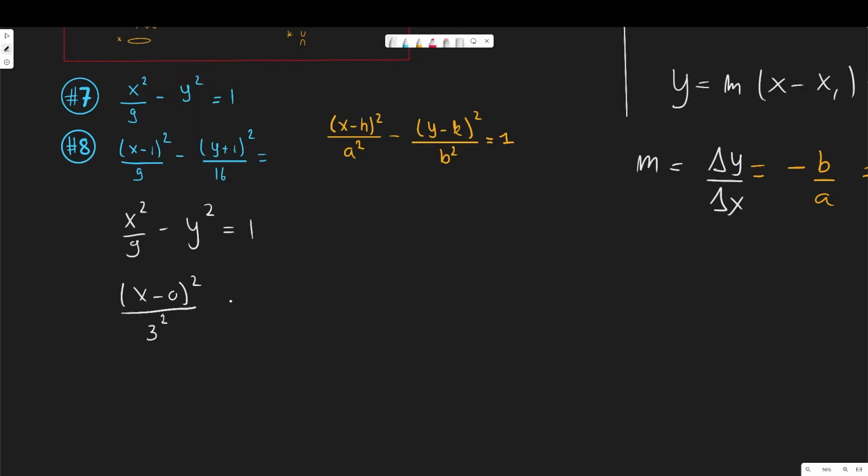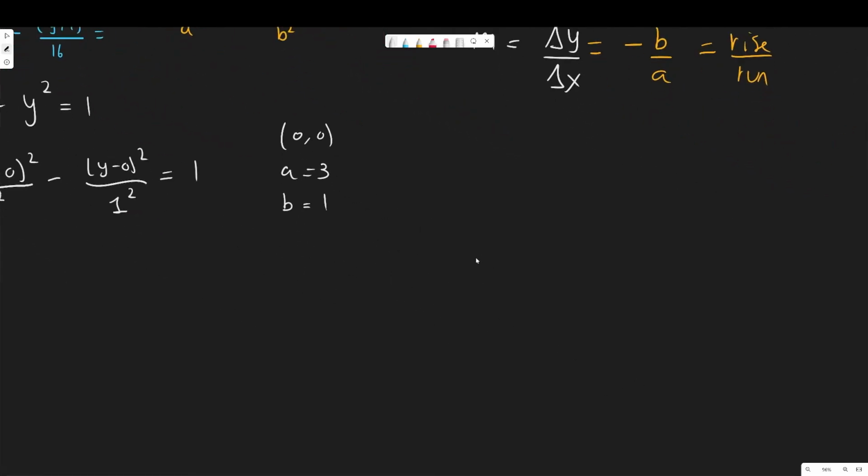So now this right here is of the same form as this right there. And now we have that y squared can be written as y minus 0 squared over 1 squared, which is the same as 1, and dividing by 1 doesn't change anything, is equal to 1. So now we know that our center point will be the origin, so 0, 0, and we know that a is equal to 3 and b is equal to 1.